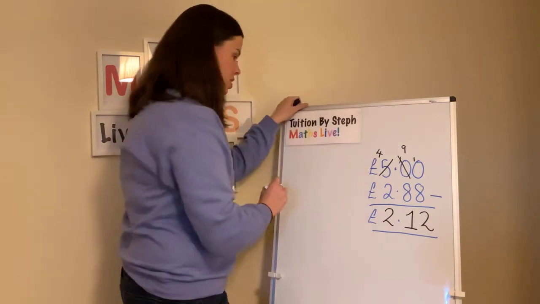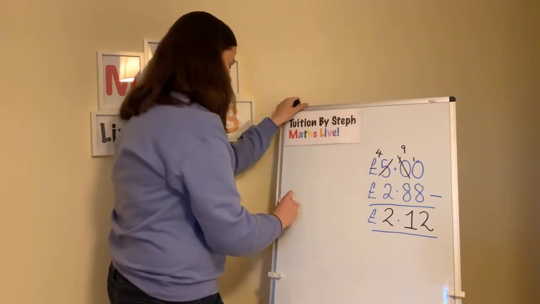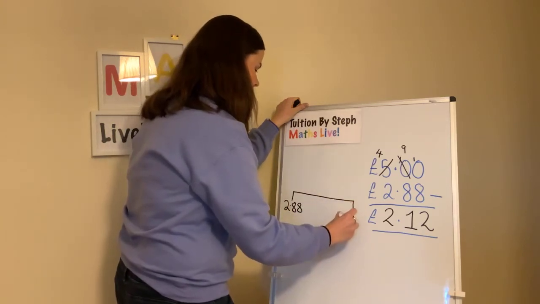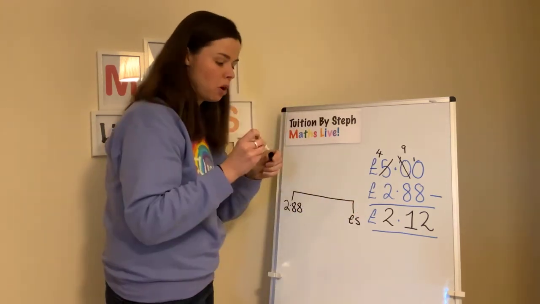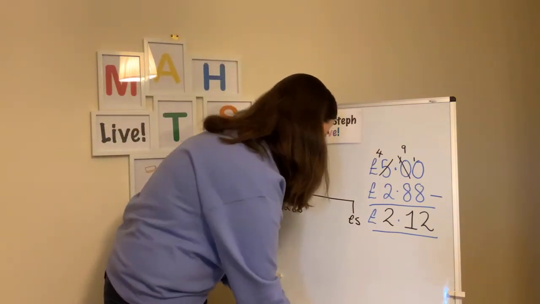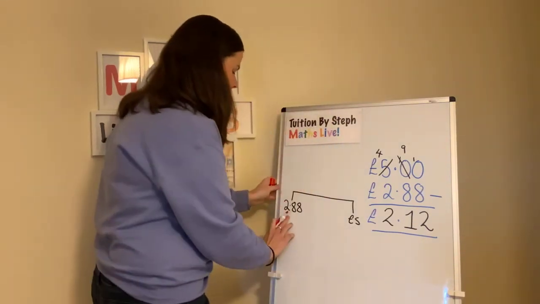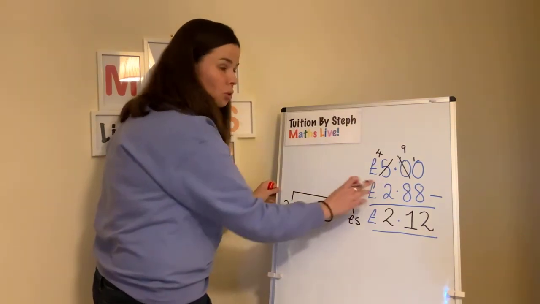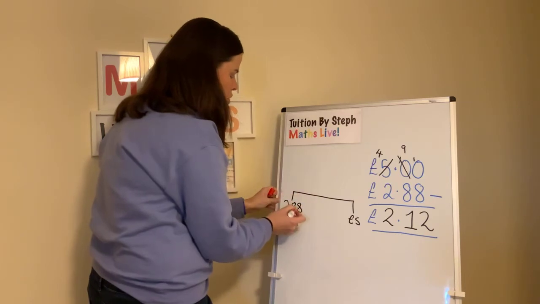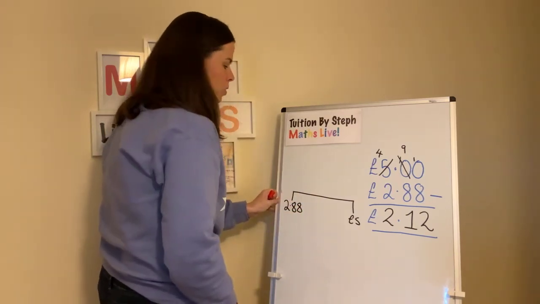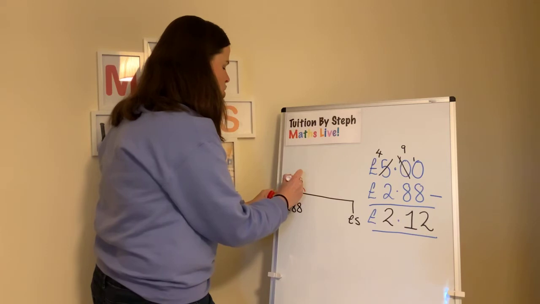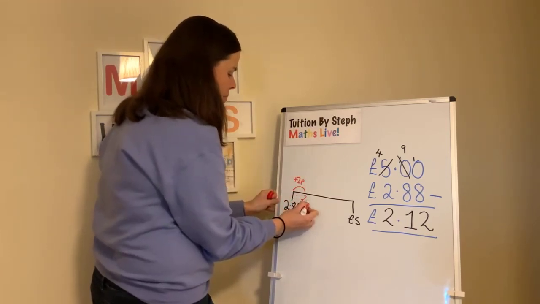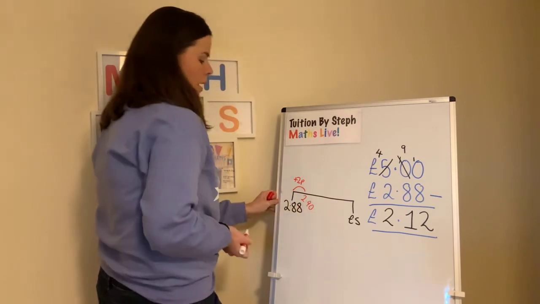But the other method I showed you, if you're not very confident with your regrouping, is you could count up on the number line. So what you would do is try and jump to get to £5 from the number that you're subtracting from. So for example, £2.88 and I need to get to £5. I'm going to add 2 pence, because then that rounds me up to the next 10 pence. That's £2.90.